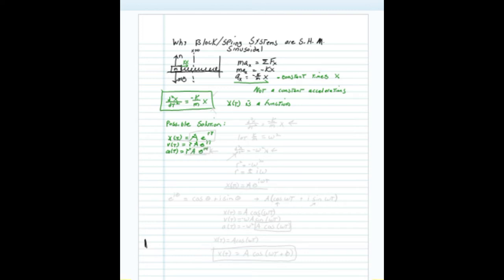So if you look at this and you look at this, you notice that that original function is in this expression with a constant out in front, if we assume that r is some sort of constant. So this is a possibility for our particular situation that we're talking about here for our spring.